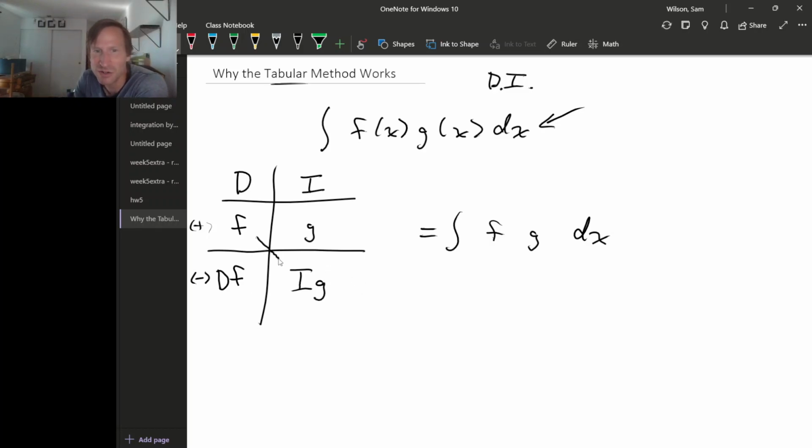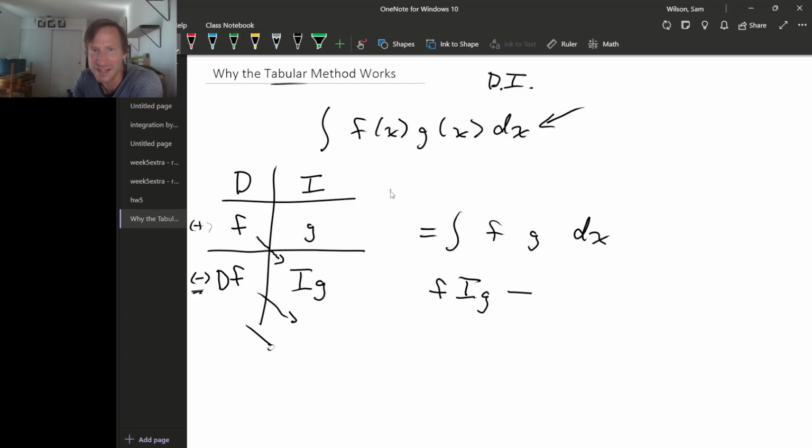Okay, so we get this, and the rule for using the tabular method is you do a diagonal product like this, so f times the integral of g, and then you add a term with this sign, so adding a negative, that's subtraction, and then you keep doing these diagonal terms, but when you reach your last row, you have a term that is the integral of the product, right?